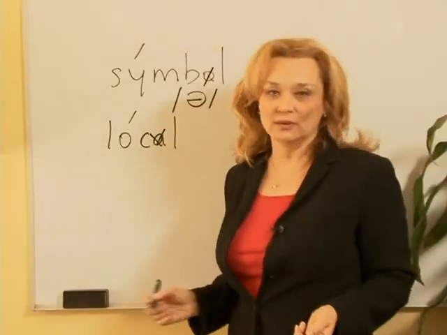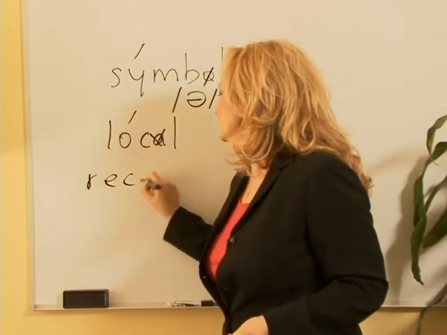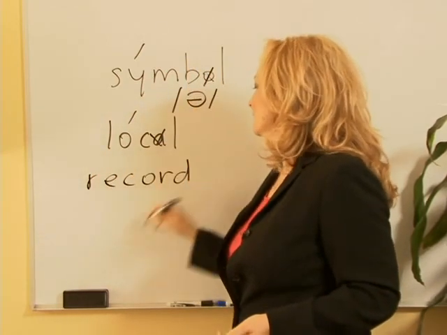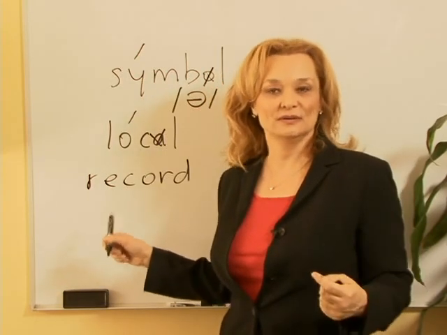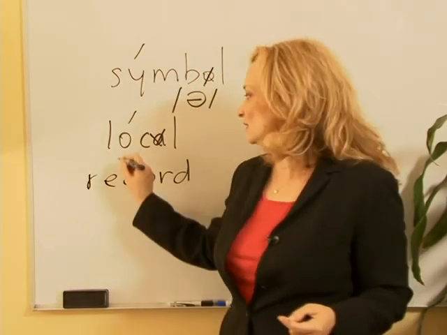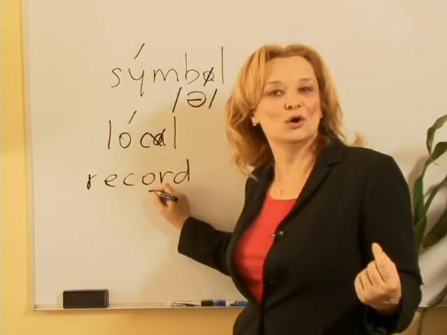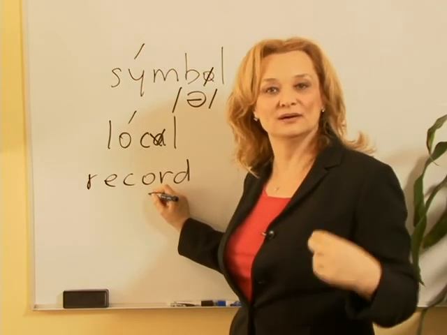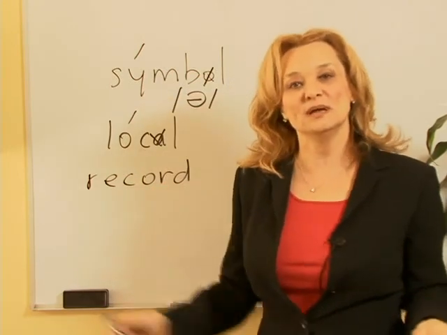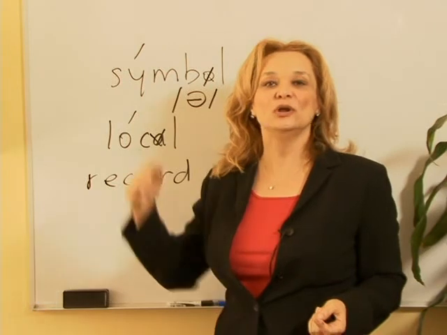Let's look at another word. This word, if it's a noun, is pronounced as record. The first syllable is stressed. Record. This O changes. So it's not O, it's uh. Record. If it's a verb, this word is pronounced record.